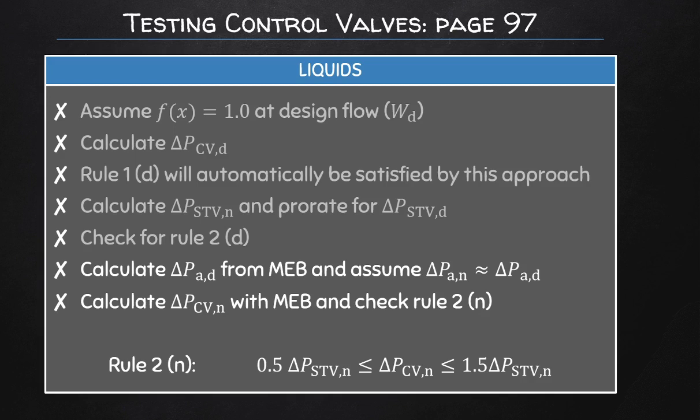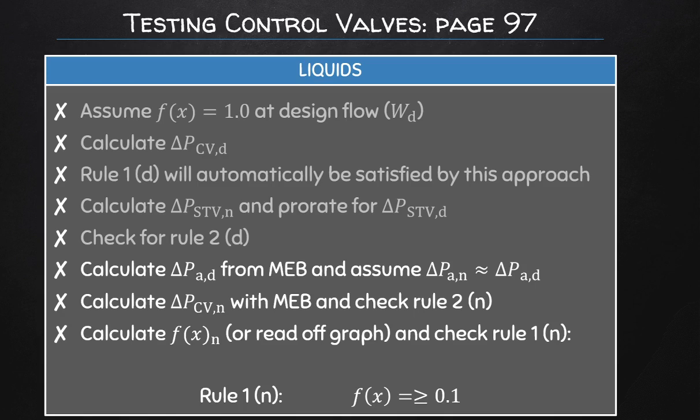Then determine the pressure drop obtained across the control valve at the normal flow rate and check that rule 2n holds. Now you can determine the valve fraction of the total area and check that rule 1n is satisfied in the end. If not, then choose a control valve using a different nominal diameter, rinse and repeat.